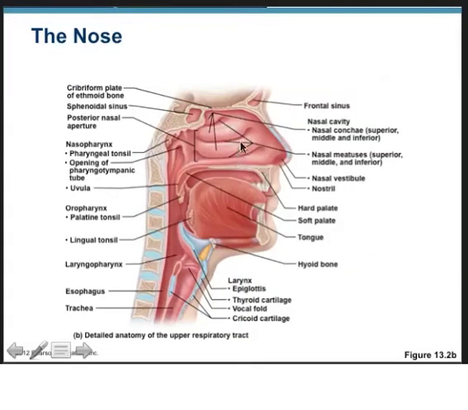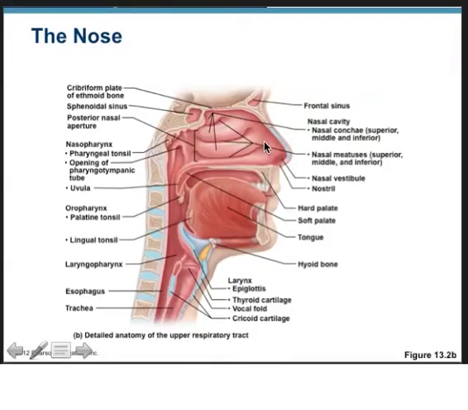The nose is also covered with a mucous membrane that obviously produces mucus and is also covered by guard hairs called vibrissae. And the purpose of the mucous membrane is to humidify the air, but also to help filter the air that's coming into the nose.